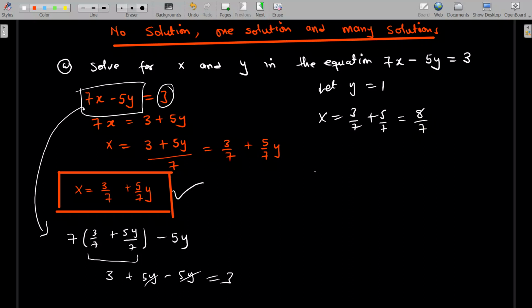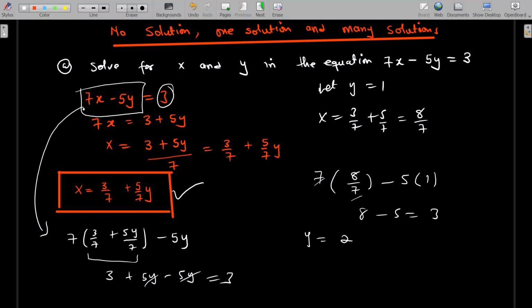And indeed, if I put 7 times 8 over 7 minus 5 times 1, this will be 8 minus 5, and that is 3. Again, I challenge you to choose y equals 2, and that should also work as well.